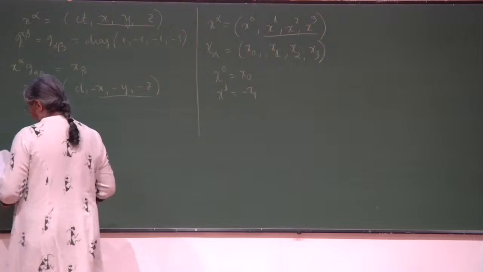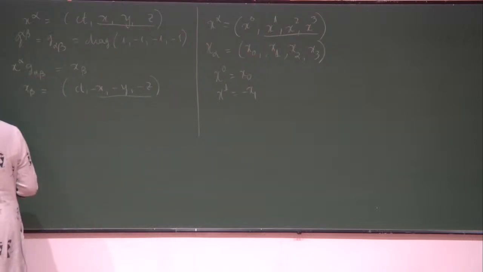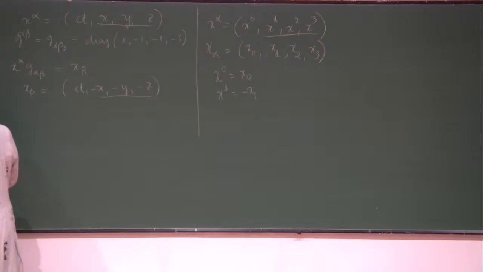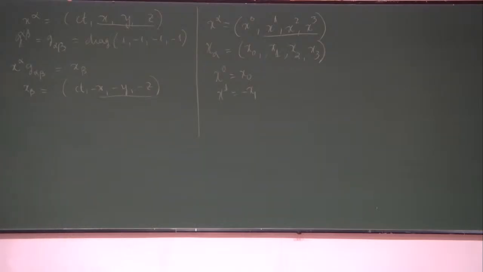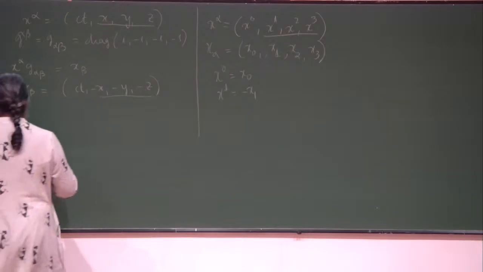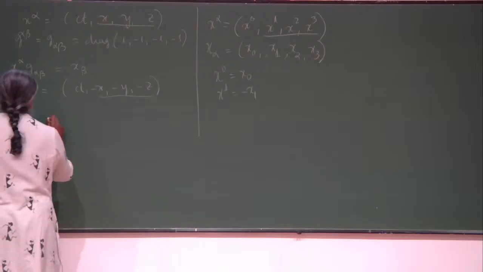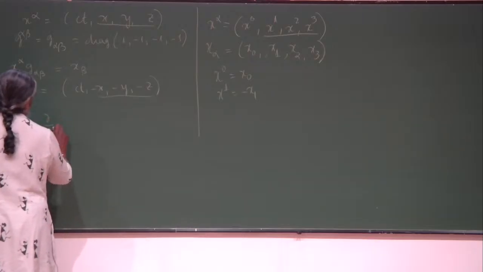Because there is a little hitch here. Suppose I want to convert, like yesterday we did, we wanted to write d by dt prime in terms of d by dt. So what did we write? D by dt prime is d by dt into dt by dt prime. That is the chain rule. So suppose I write the chain rule for d by dx prime alpha.